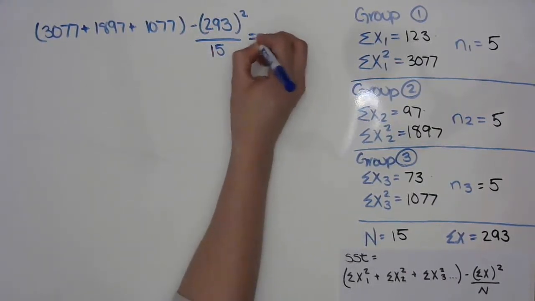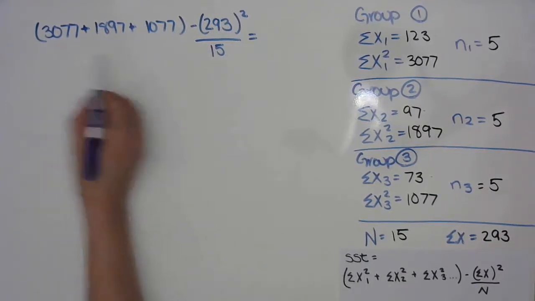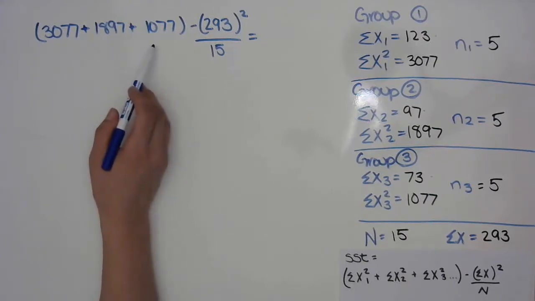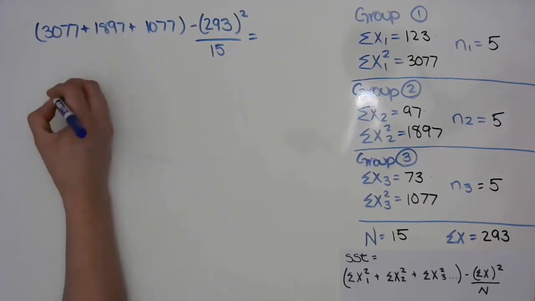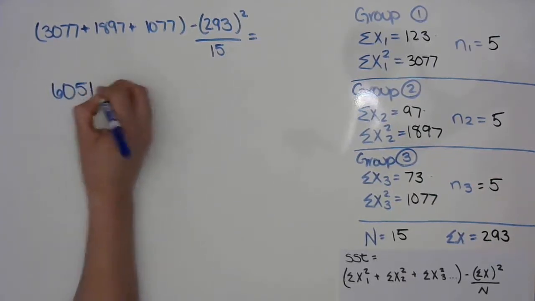Okay, so all we have to do now is solve all of that out. When we add these values up, 3,077, 1897, and 1,077, that gives us a value of 6,051.